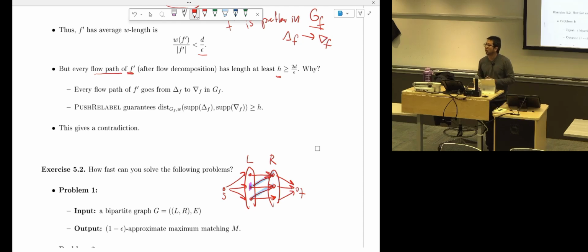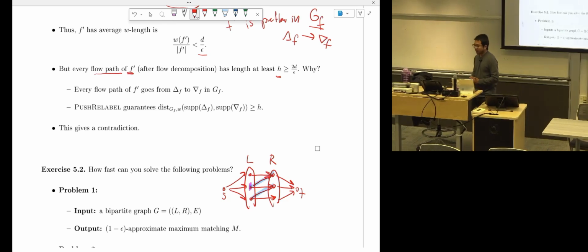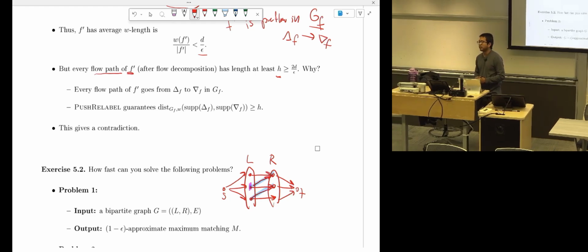Can the flow be fractional? If it's, say, half through one edge and half through the other edge, then how do you get a matching? As long as the capacities of a graph are integral, the max flow is going to be integral too. Is that easy to see? You can see it, for example, from the proof of max-flow min-cut.